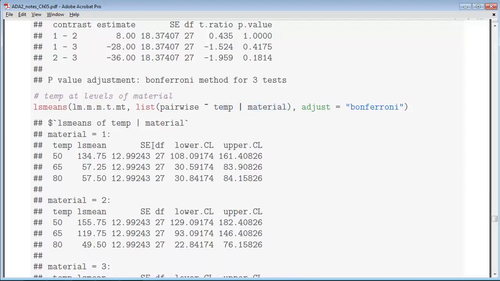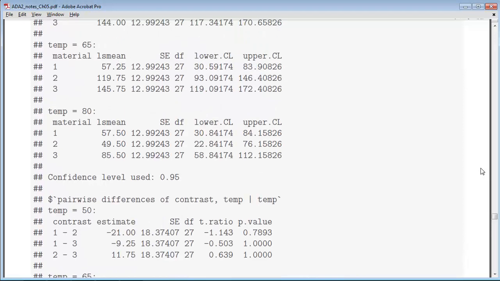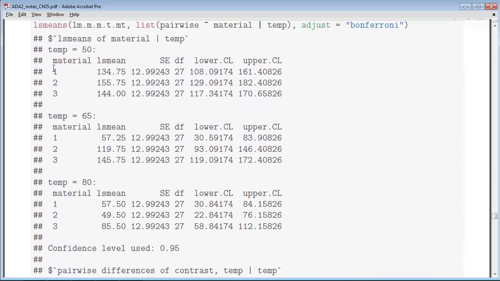And we'll get, for material type 1, temperature 50, 134. These top numbers are going to be the same, just in a different order, right? So the number 134 is the max voltage, material type 1 at temperature 50. If I scroll up, material type 1, temperature 50, 134.